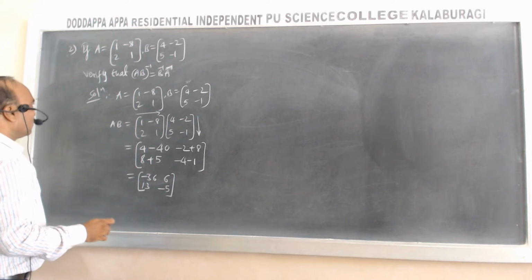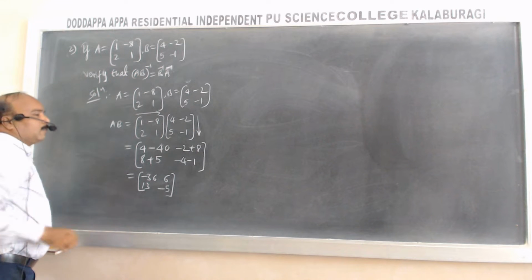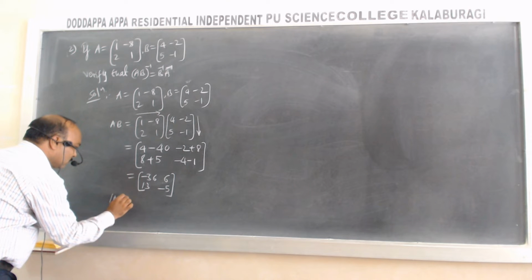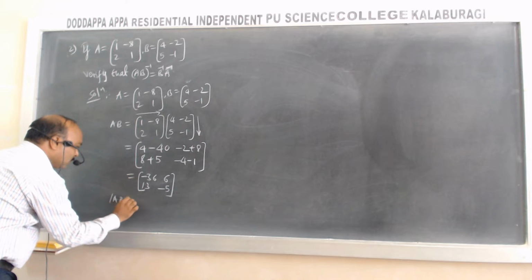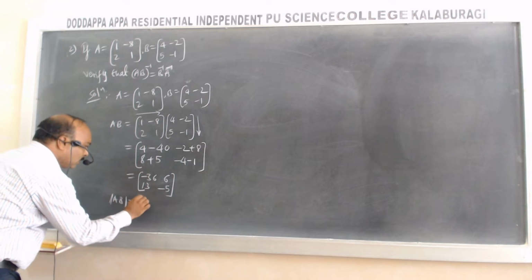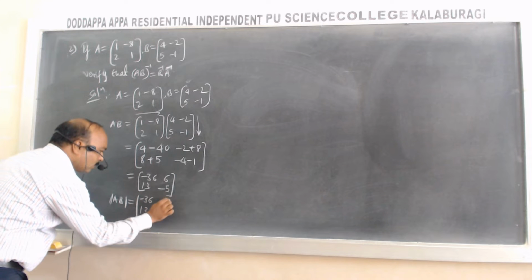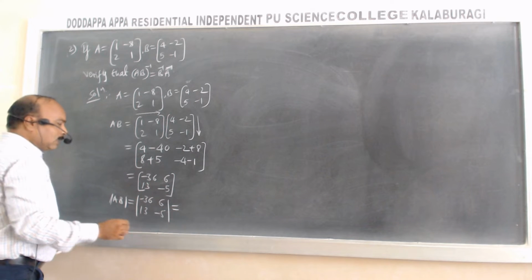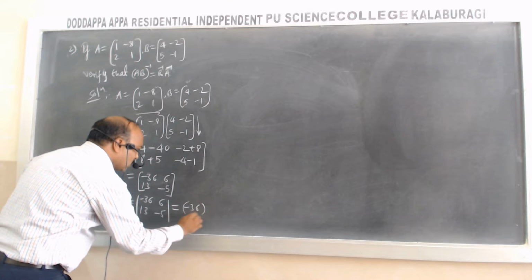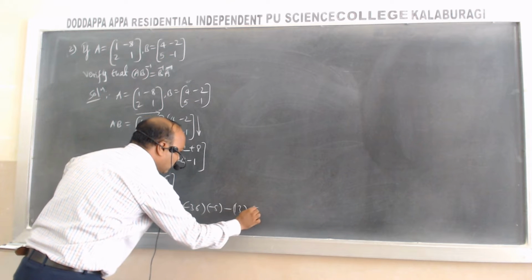Next we go for the inverse of AB. For that we find the determinant and adjoint of AB. Determinant of AB, for [-36 6; 13 -5], is equal to multiplying diagonal elements: minus 36 into minus 5, minus 13 into 6.